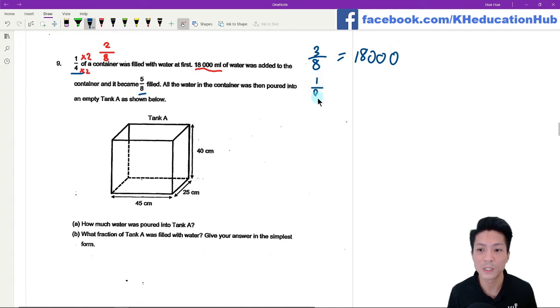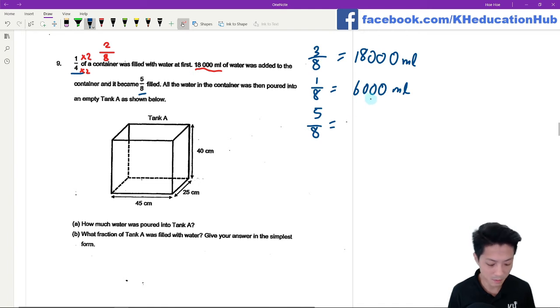So I'm gonna find what is 1/8, which is 18,000 divided by 3, 6,000 ml. And I'm gonna find what is 5/8, which will be 6,000 multiplied by 5, which will give me 30,000 ml.